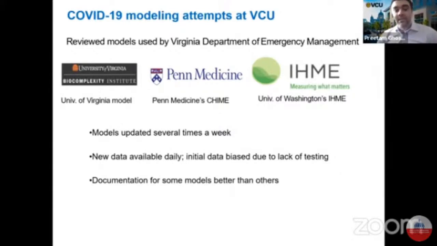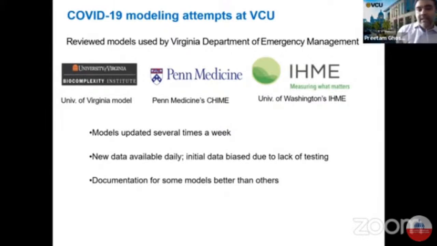Okay, so we reviewed different models and we worked with the state as well in this activity. We worked with the Virginia Department of Emergency Management, and 3 models in the country came up to be the leading ones compared to many of the other ones, right? So these 3 were the University of Virginia Biocomplexity Institute, which had an epidemic spread model; UPenn, University of Pennsylvania Medicine, which had another epidemic spread model; and finally, the University of Washington's IHME, Institute of Health Metrics Evaluation, which came up with a statistical model, right?